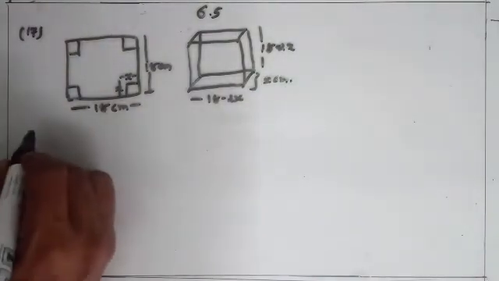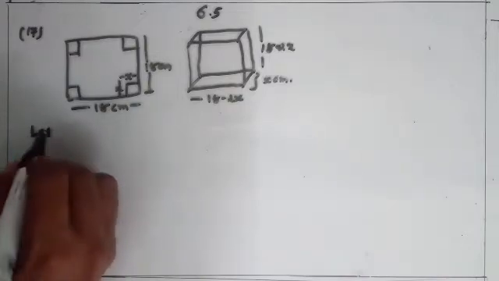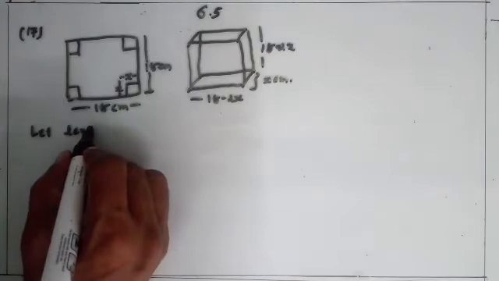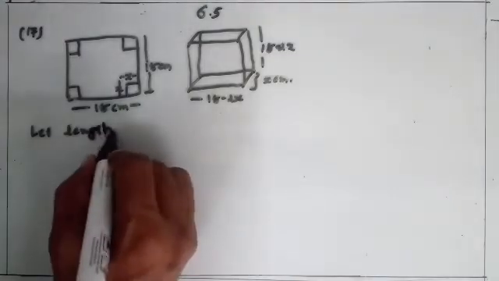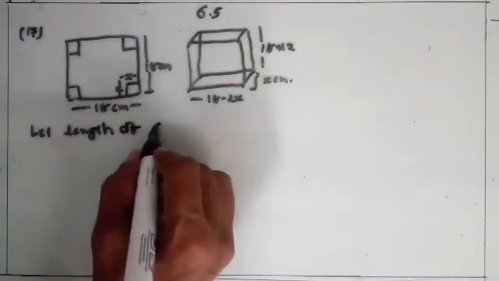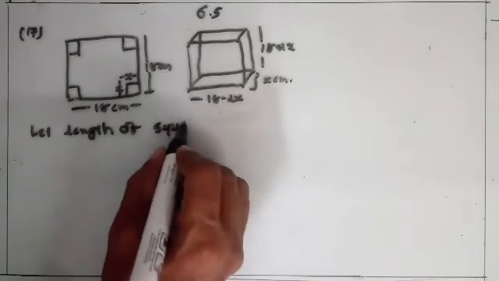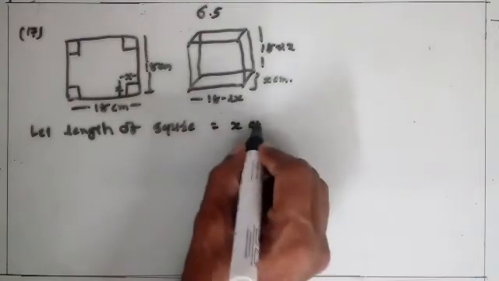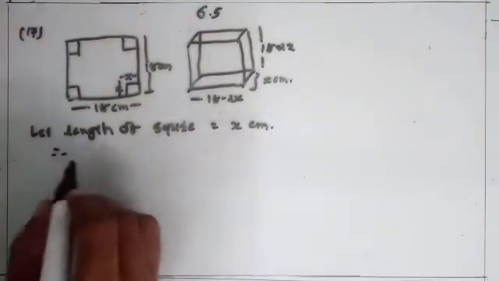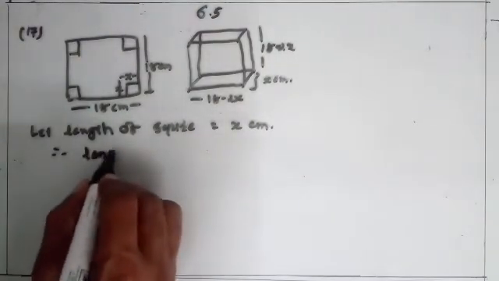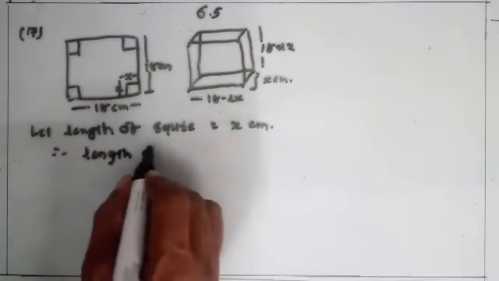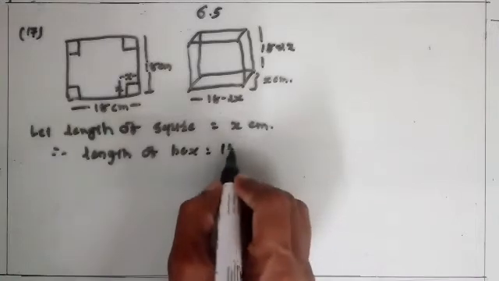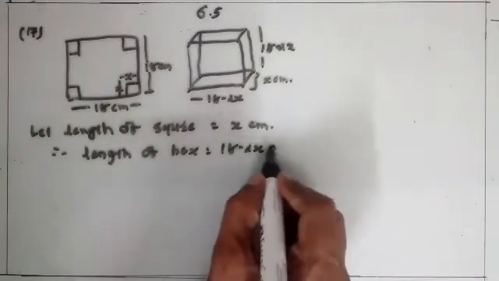Clear? So first, suppose the length of the square is equal to x cm. Therefore the length of the box is equal to 18 minus 2x cm.